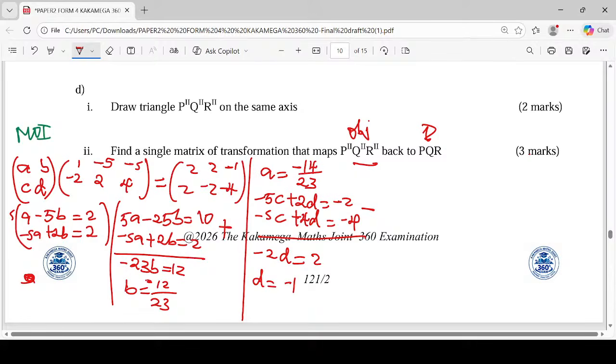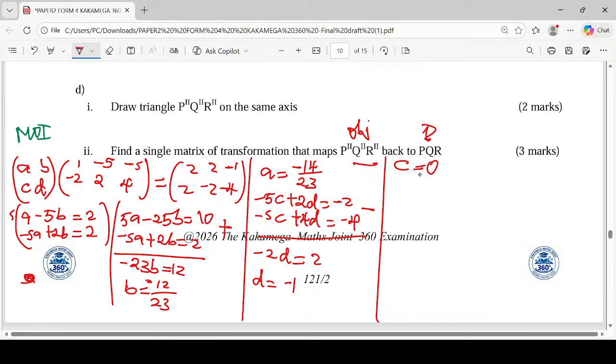And once the value of D is equal to negative 1, you can get the value of C. Because now you know that the value for C will be negative 4 minus 4 times D, which is negative 1. Then divide through by negative 5, so C will be 0.